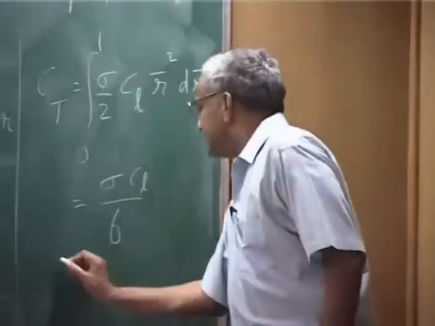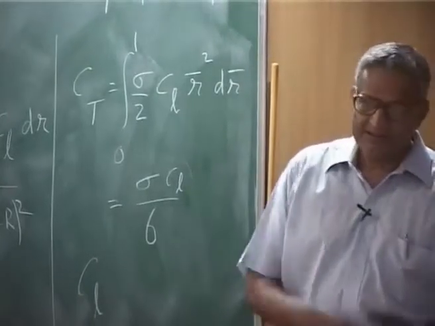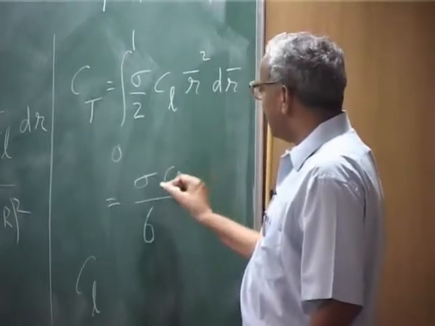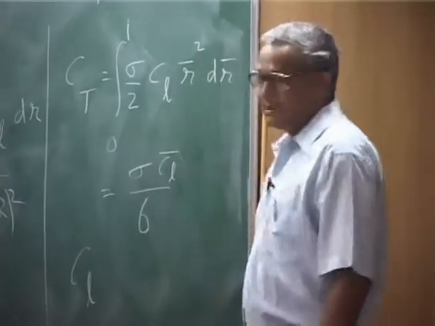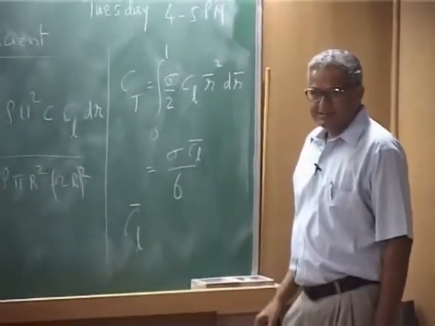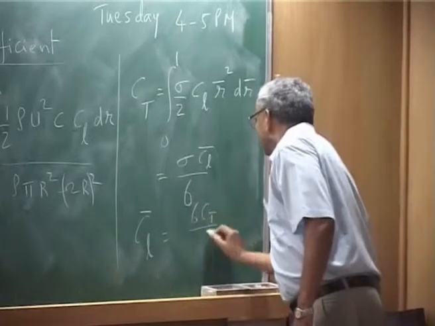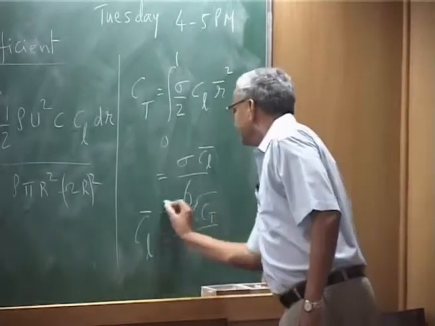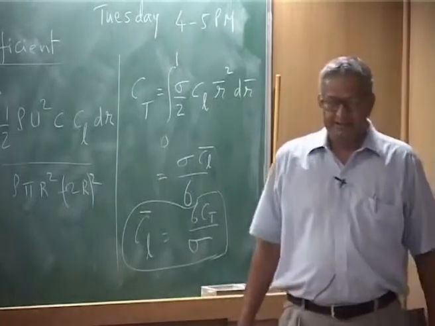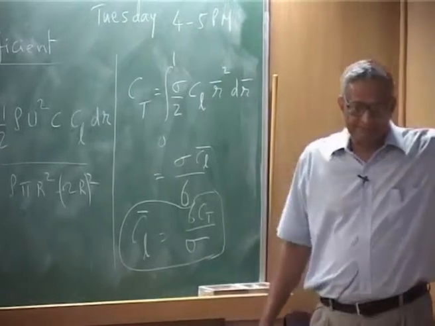This will give me CL, you may write it as mean lift coefficient, or if you want to put a bar, you can put a bar. So that CL bar is 6 CT over sigma. Mean lift coefficient of the rotor.